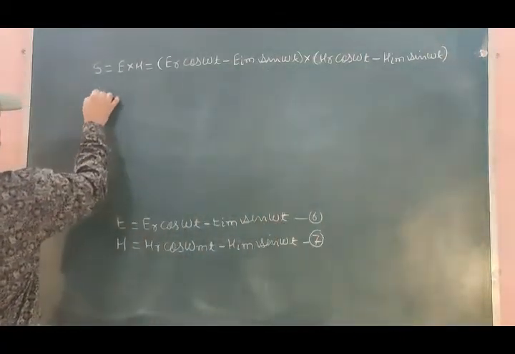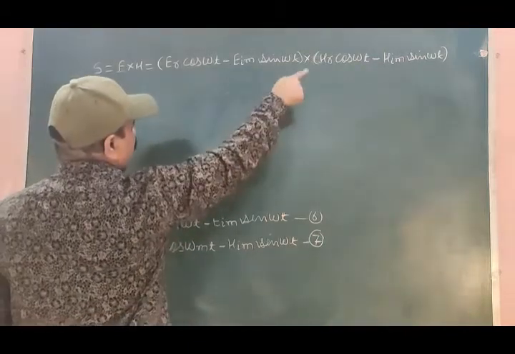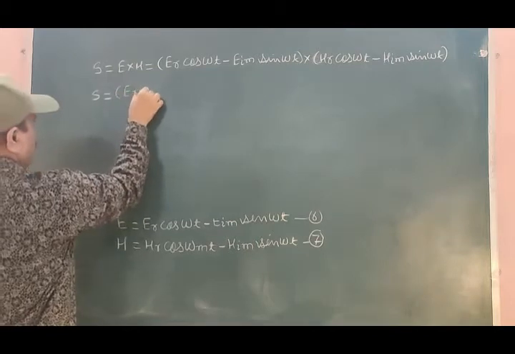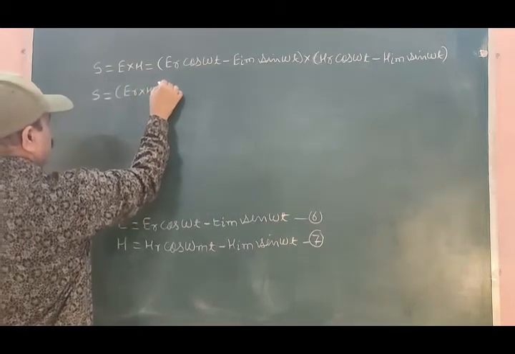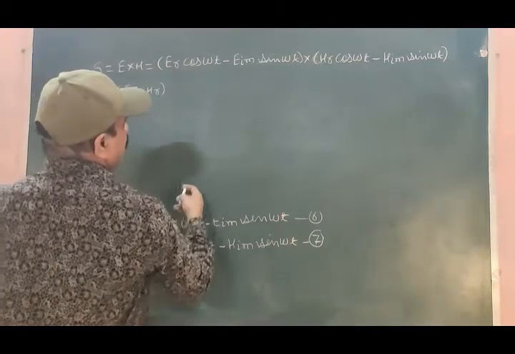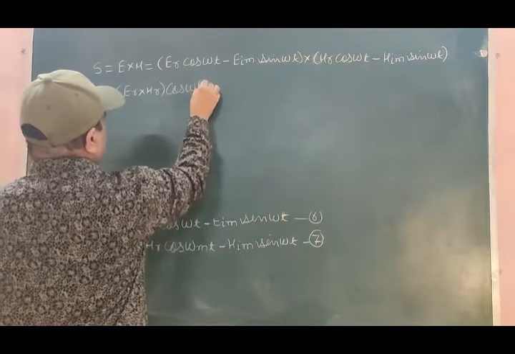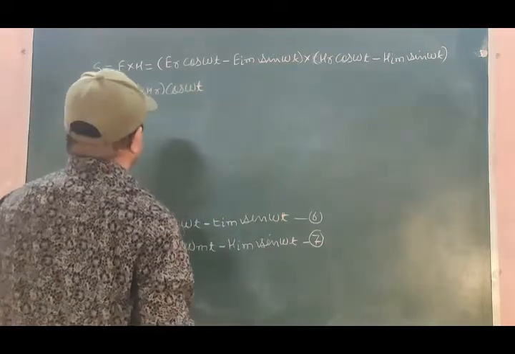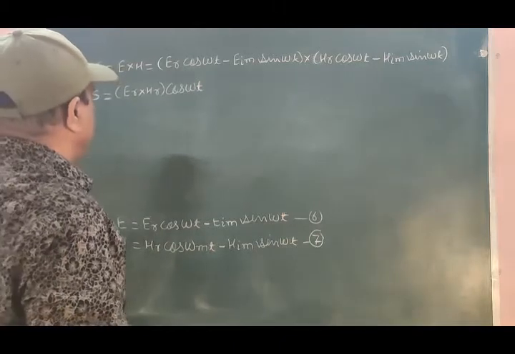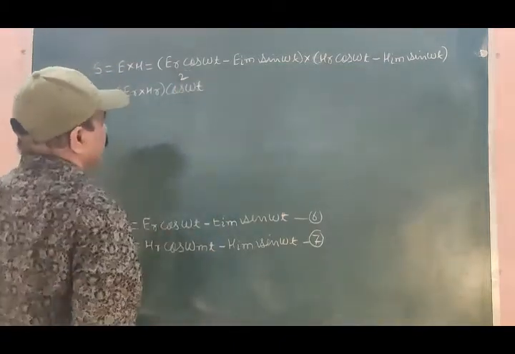This is equal to the product of these two: ER cross HR cos omega t times cos omega t, that is cos square omega t.